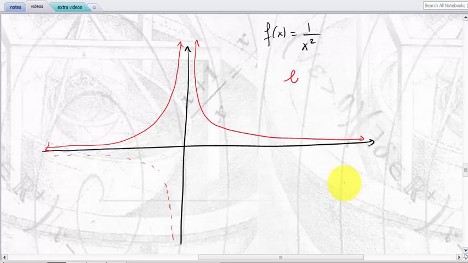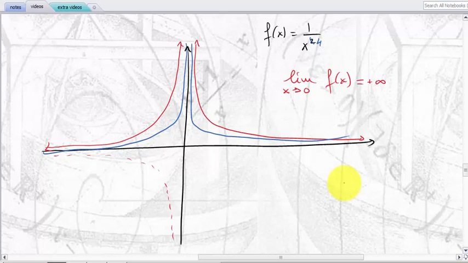So in this case, the limit of f of x as x approaches 0, I don't need to say from the left or from the right, because from both sides the limit is plus infinity. What happens if you increase the power? If you go to 4, well, the same thing. You're going to be closer and closer to the y-axis. So it's going to go faster and faster towards plus infinity, and therefore the result is true for n even in this case, right? N even.